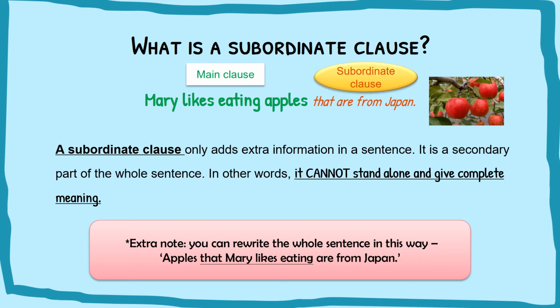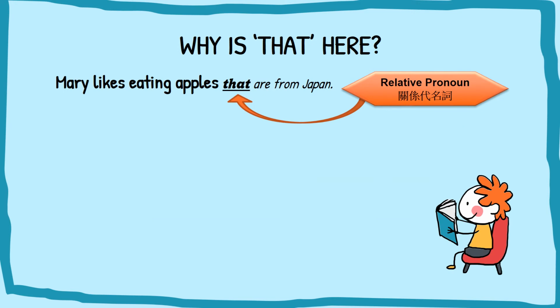And to give you some more information, you can actually rewrite the whole sentence in another way, and that is the alternative way. Apples that Mary likes eating are from Japan. Okay, wait here.